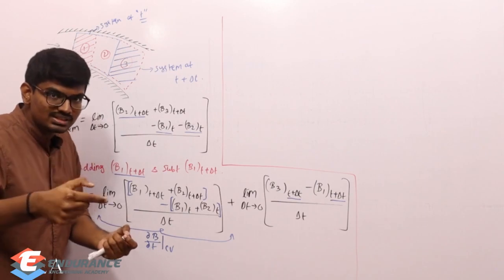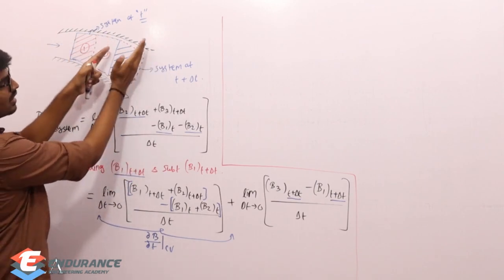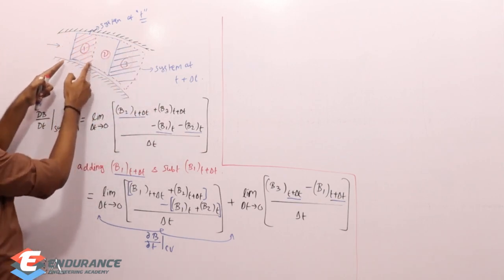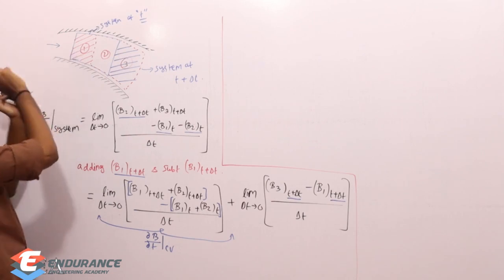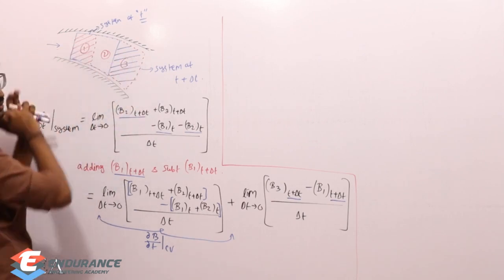Now when this much amount of quantity moved outside, this much amount of new quantity entered inside. So this is outflow of the property B, this is inflow of the property B.